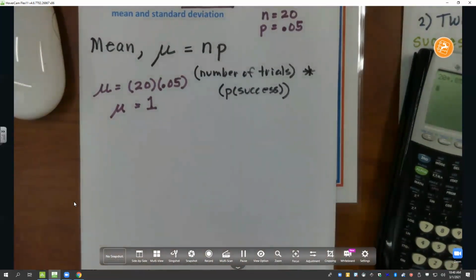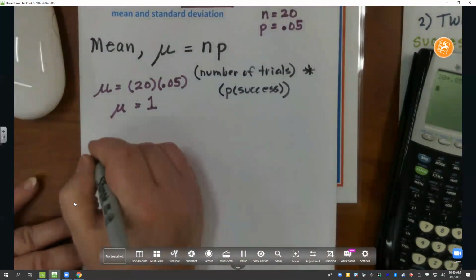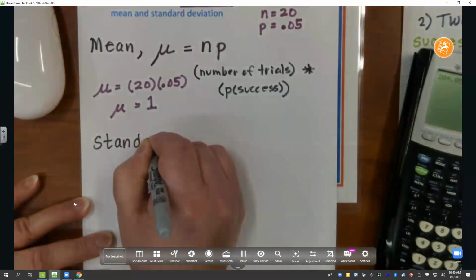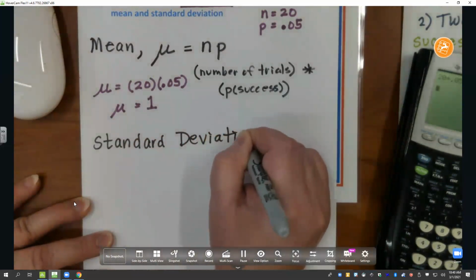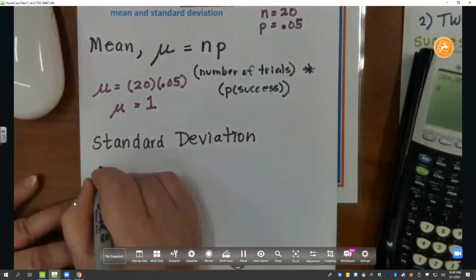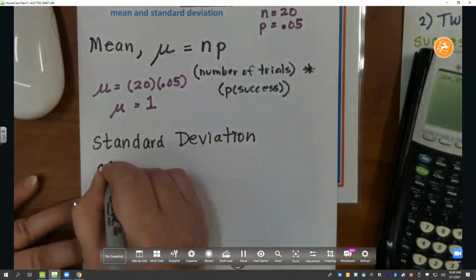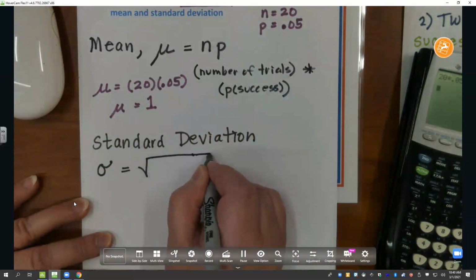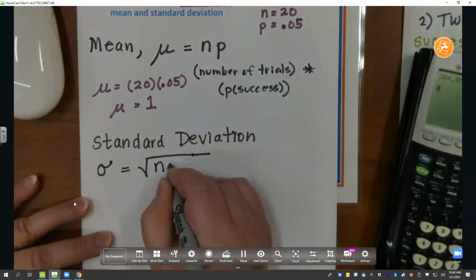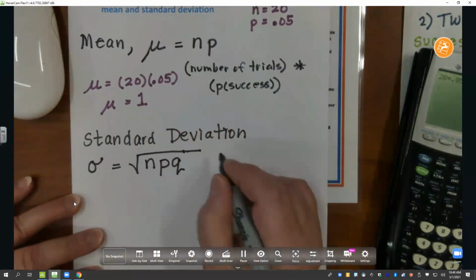Okay, then let's look at the formula for standard deviation. The formula for standard deviation, remember the symbol is the Greek letter sigma. It equals the square root of n times p times q.